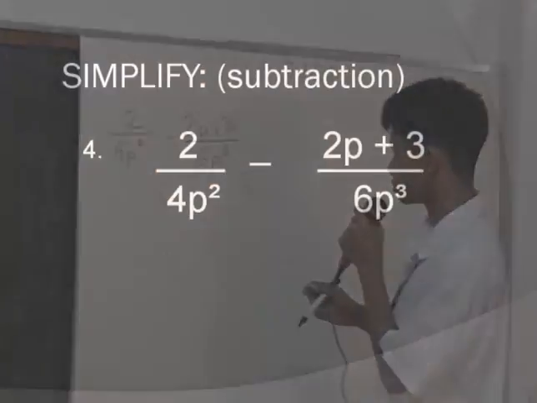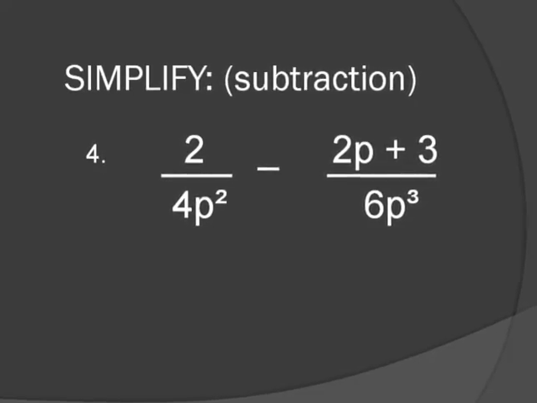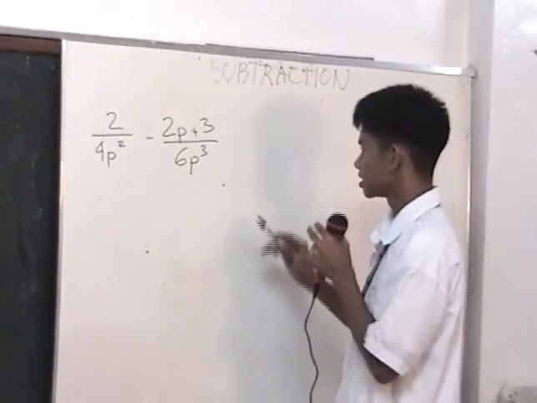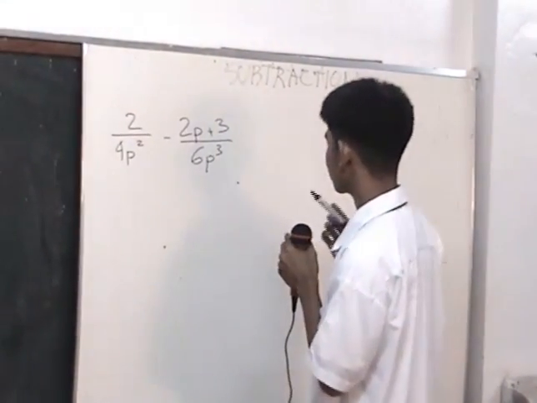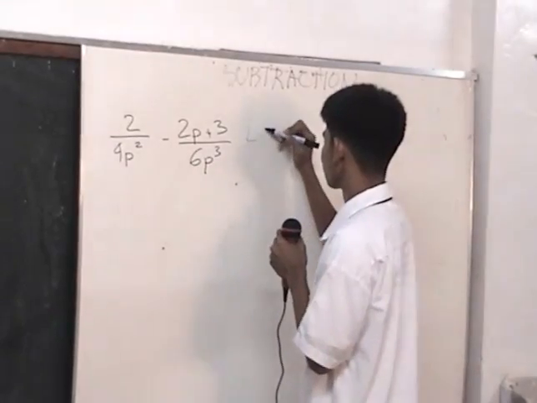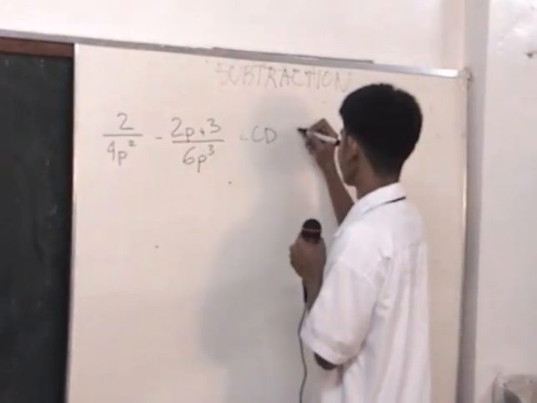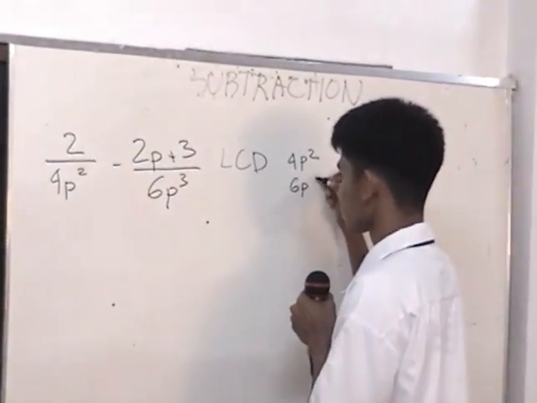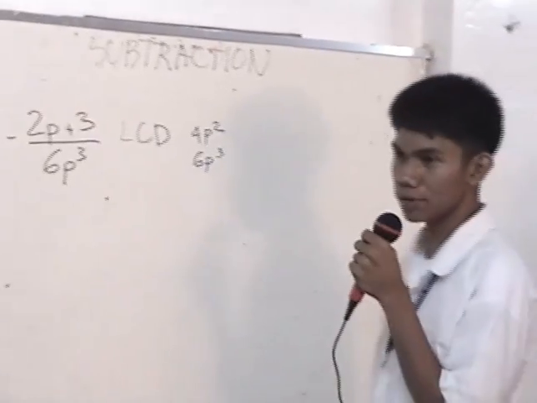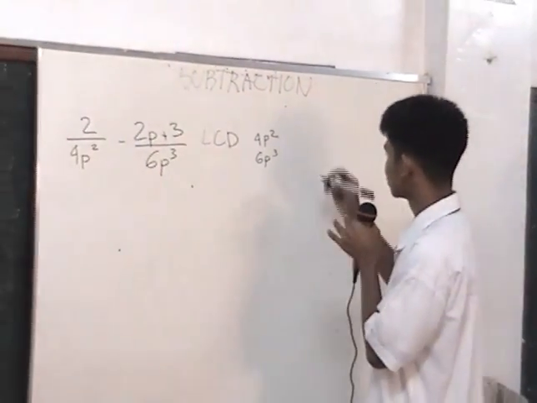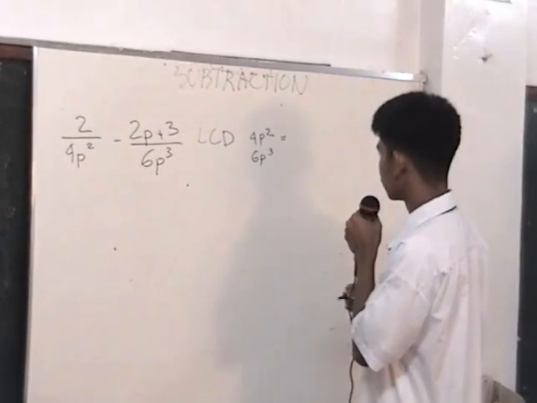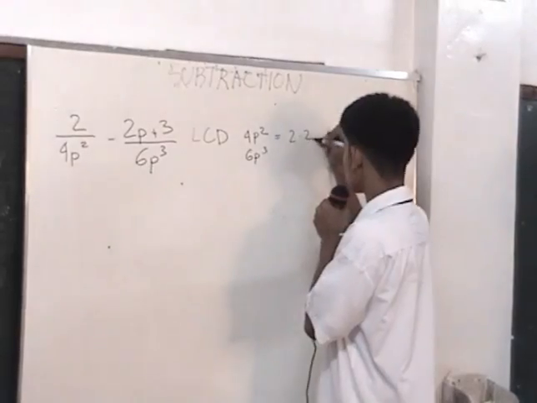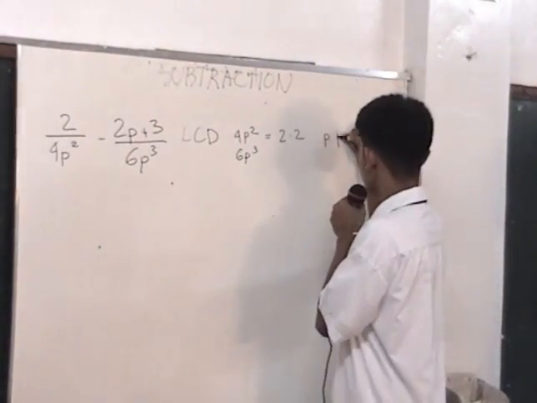In getting the difference of this rational expression, we see that their denominators are different. So we get the LCD. In getting the LCD, we will use prime factorization. The prime factors of 4p squared are 2 times 2 times p times p.